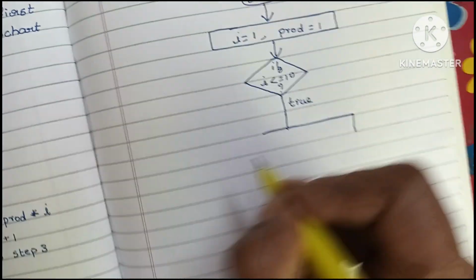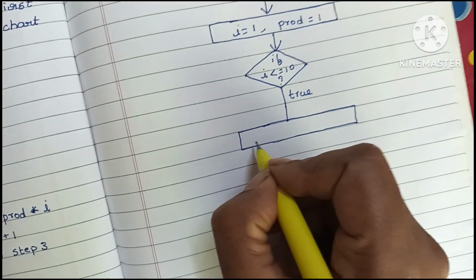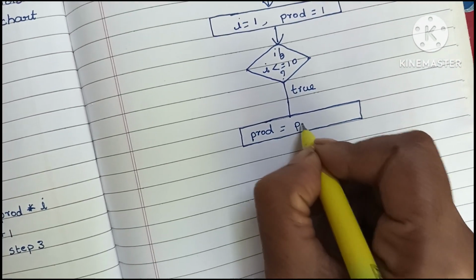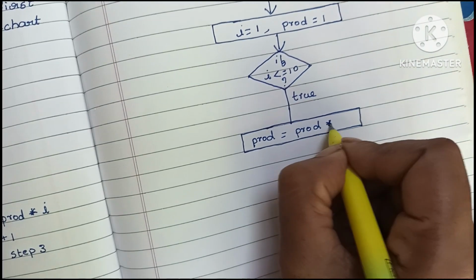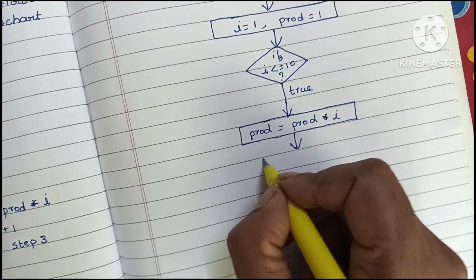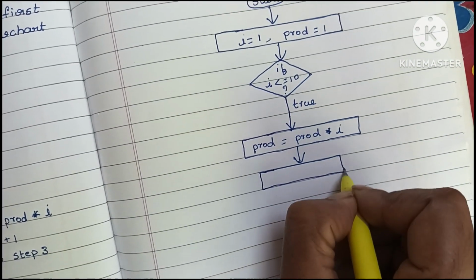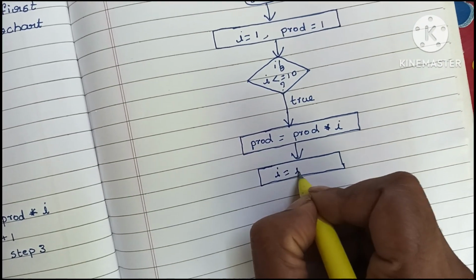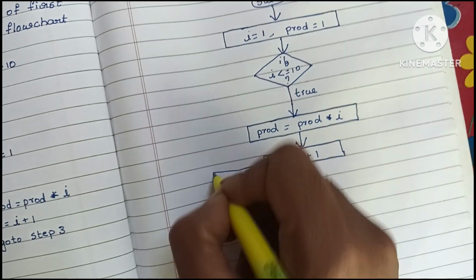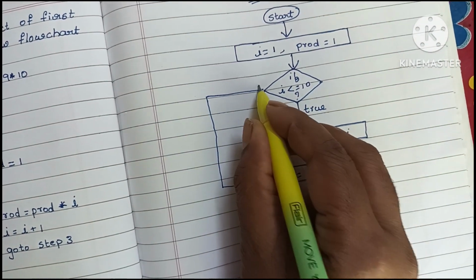we have to find a product, right? Calculation is also written within a rectangular shape. Within that we have to write product is equal to product into I. Next we have to increase I by 1, that is I is equal to I plus 1, and go back to here.